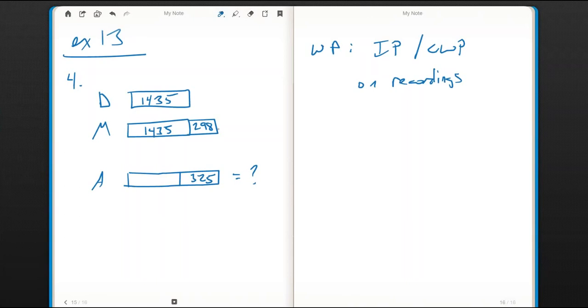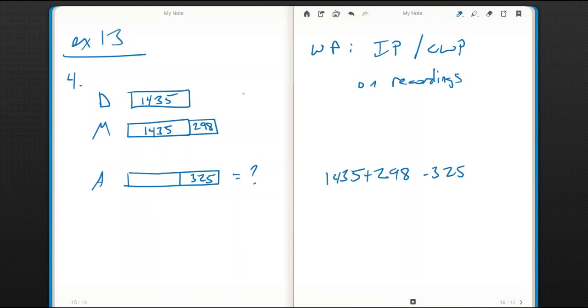Now, when you look at this graph and look at this picture, certainly you could add these two together and subtract 325. You could certainly solve the problem by saying 1,435, add 298, subtract 325. And in a sense, that's the only way to solve it. We're going to do that. We're going to try and see if there's a way to do that mentally that makes sense.